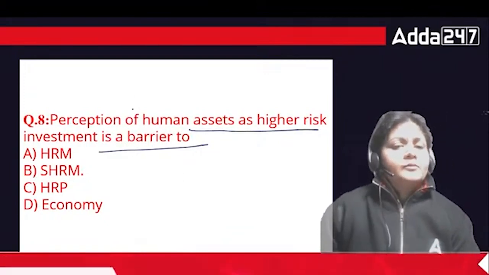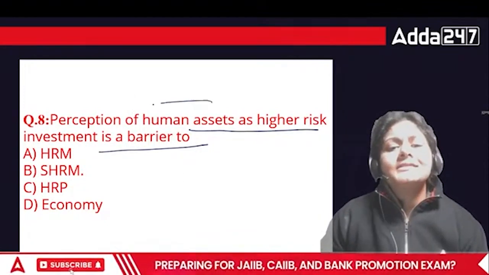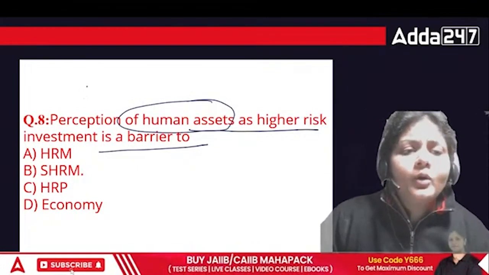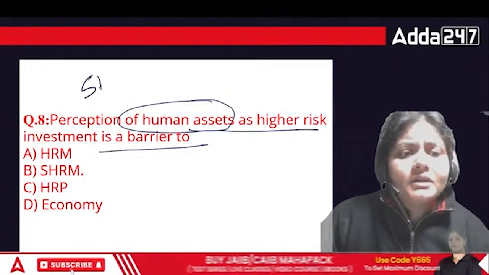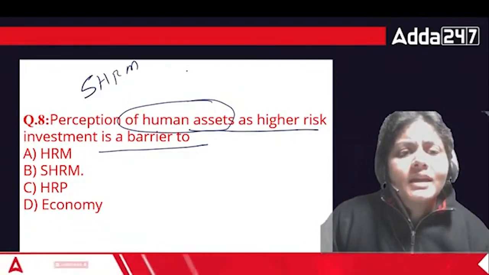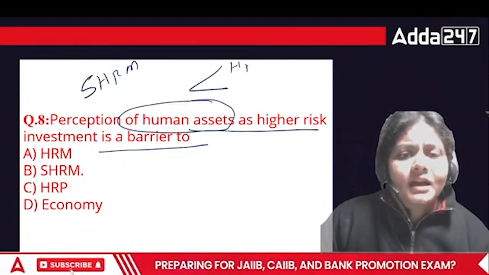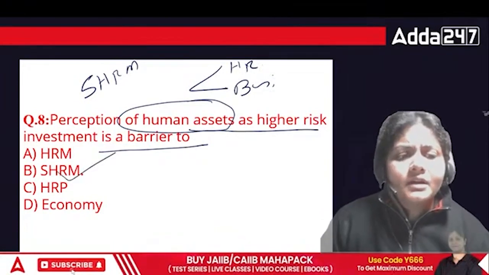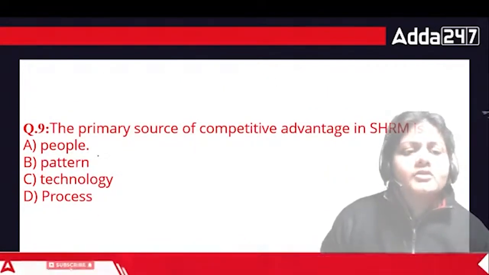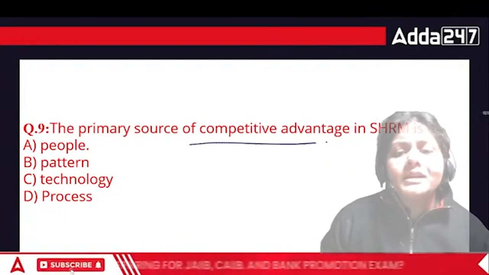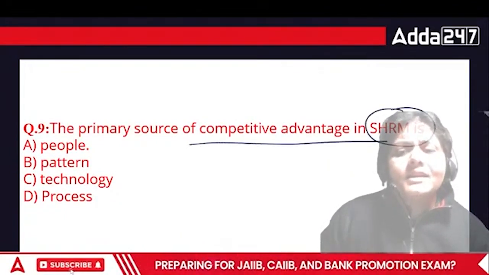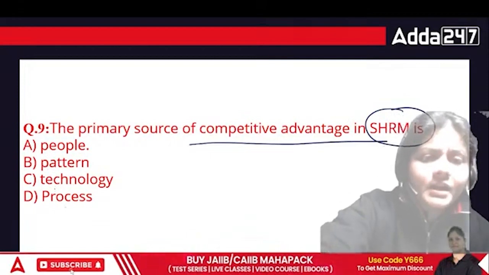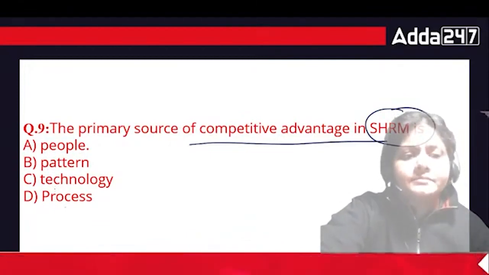When we think that human asset is a higher risk investment, that means somehow you are not able to link the HR activity with the business activity, okay? So this is the barrier actually. SHRM we are talking about. Here the question, the primary resource of competitive advantage in the SHRM is people, pattern, technology and process. Tell me which one is the right answer?